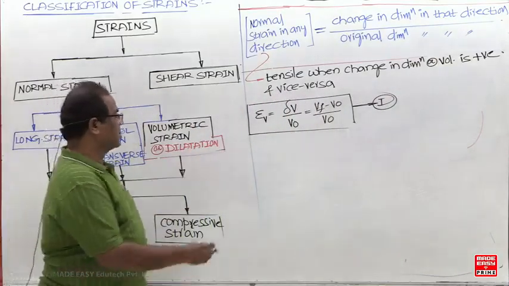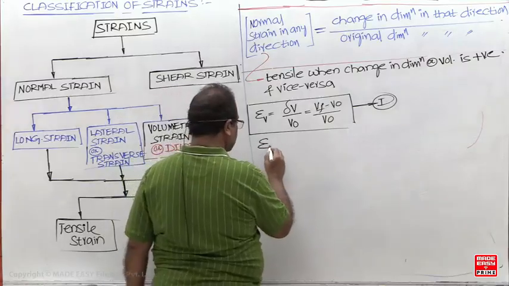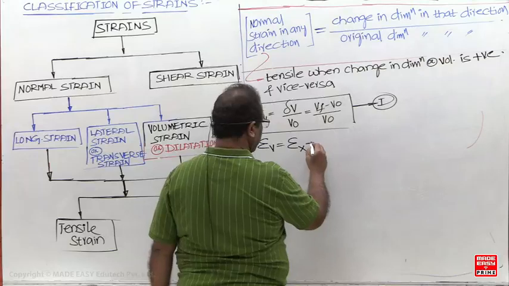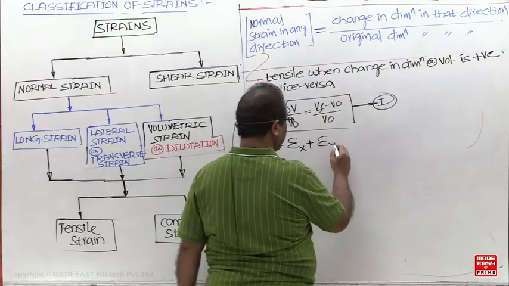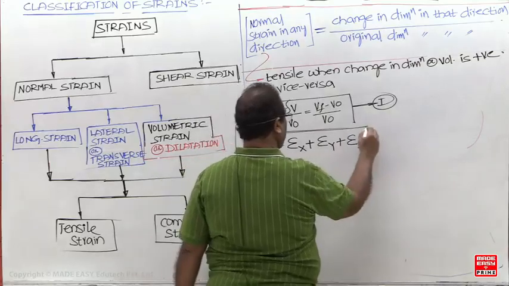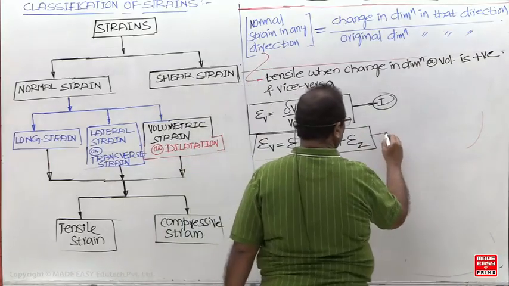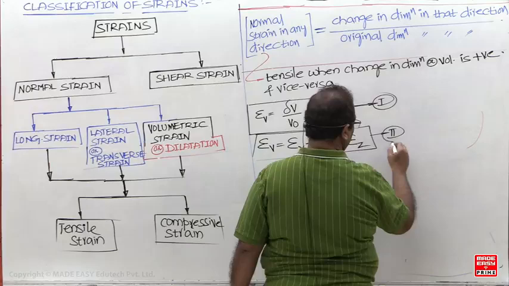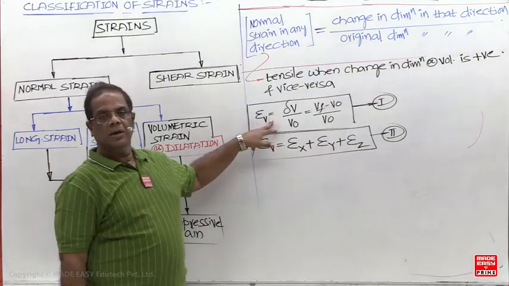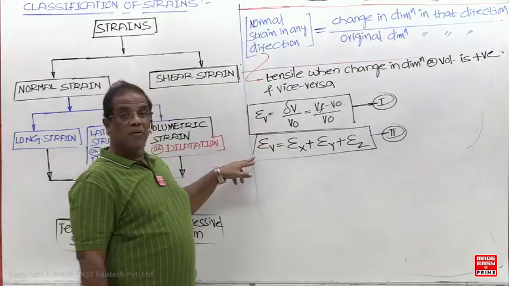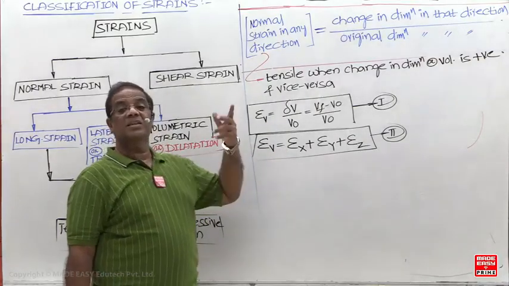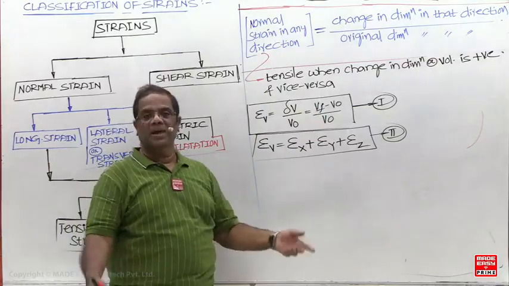But this volumetric strain can also be written in another form. So this is the actual definition, but the volumetric strain is also equal to the sum of the normal strains in three mutually perpendicular directions, the algebraic sum.